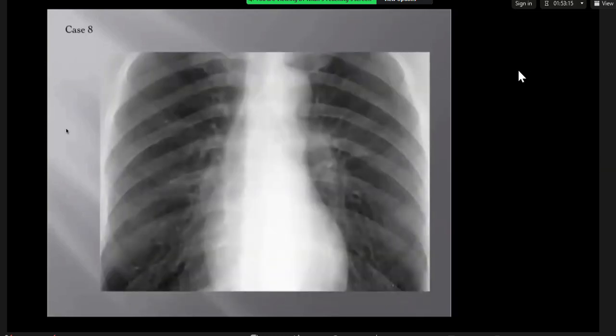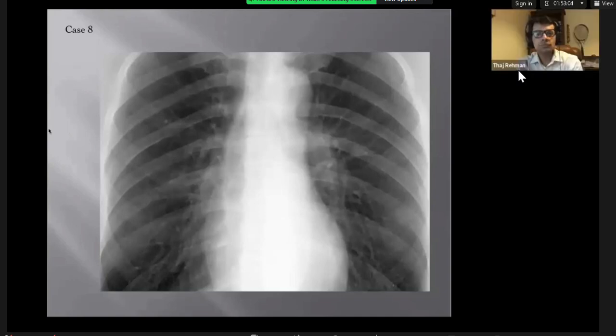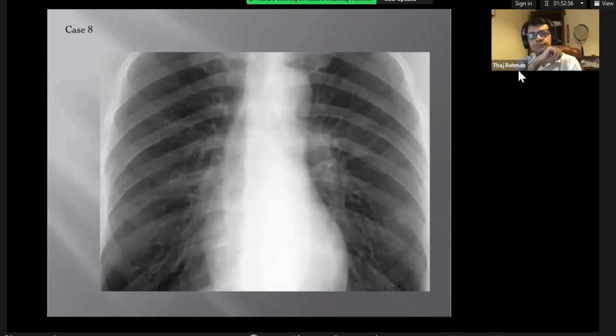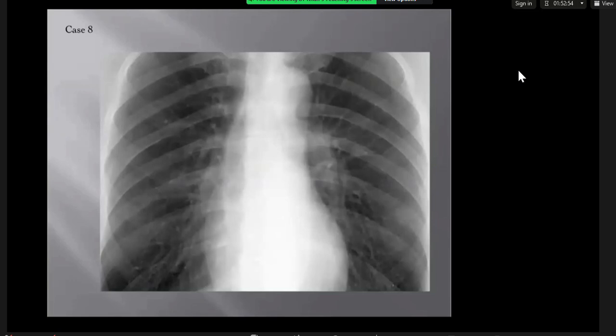So this is a zoomed-in view of a frontal chest radiograph, showing an extra line parallel to the right heart border, which is hypodense medially. I think this corresponds to a dilated esophagus. You can ignore that. Okay, so the heart borders are well defined.